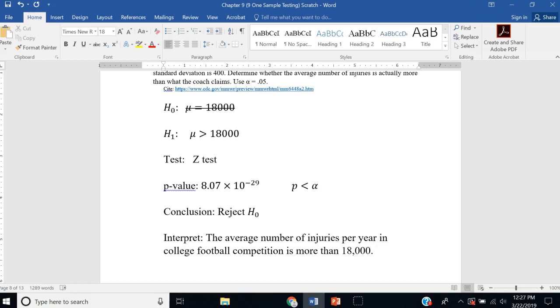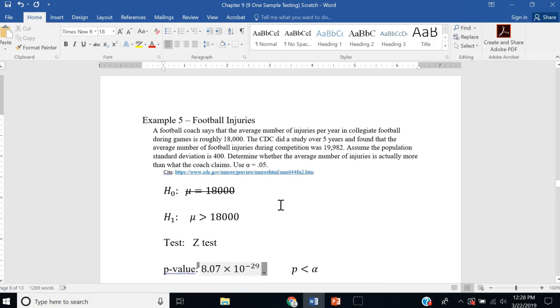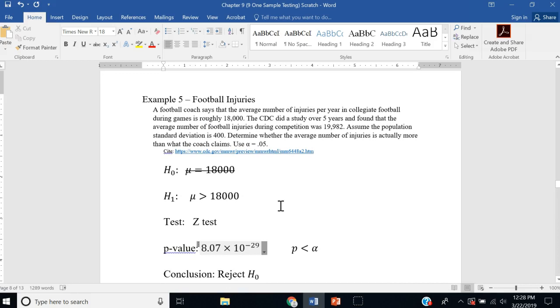Okay. Now there is something I want to mention about this problem as well. Notice that our sample size was really, really small. Our sample size was 5. That is actually not a really great sample size.